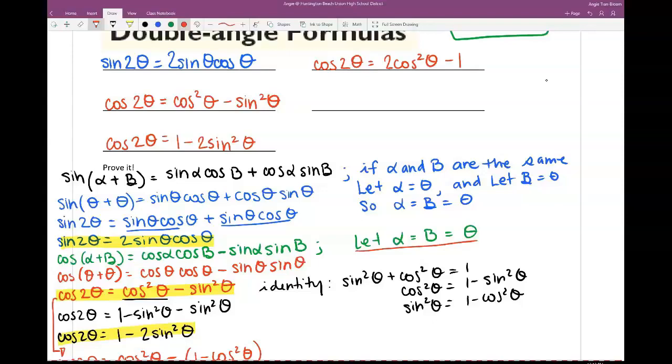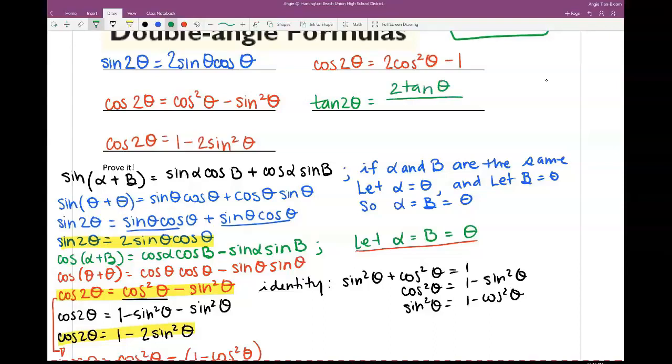Okay, are you ready? I'm going to use a different ink. How about green? So tangent of 2 theta is, in your book, I'm going to give you 2 tangent of theta.